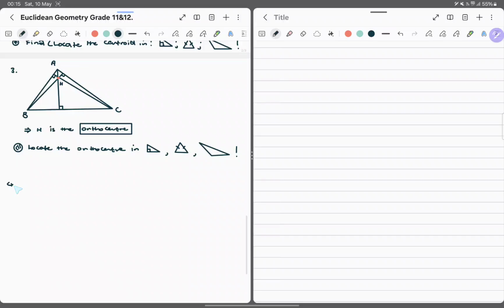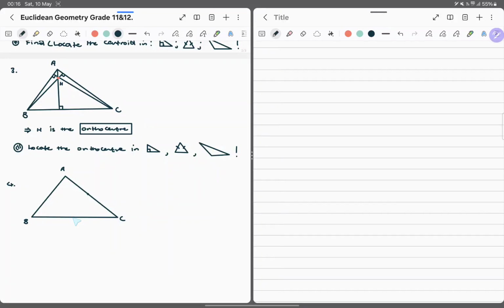Now let's look at the fourth point of concurrency. Which one is this? Let's take a triangle ABC again. Triangle ABC, we want to also section it in half on the sides.